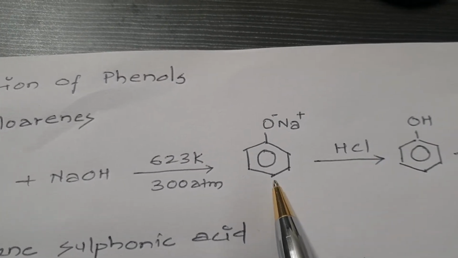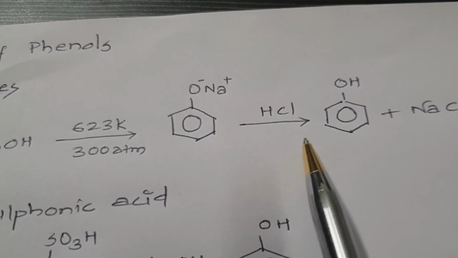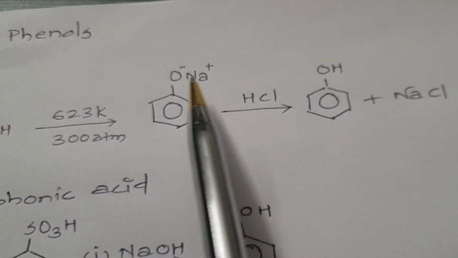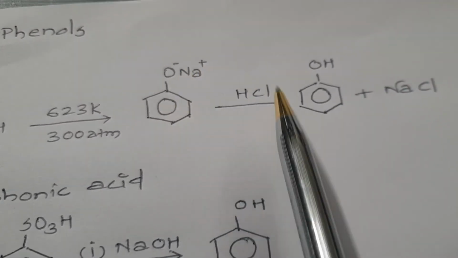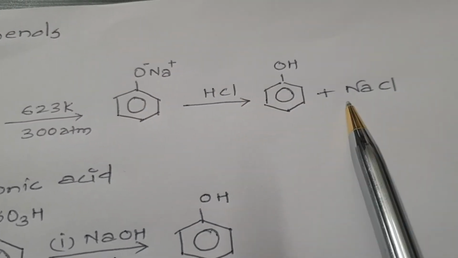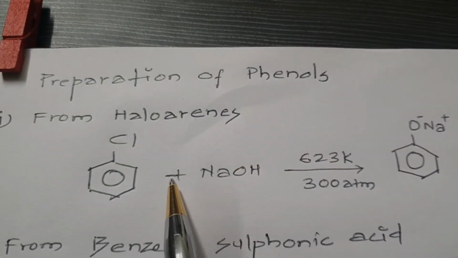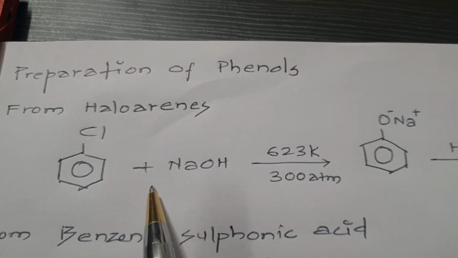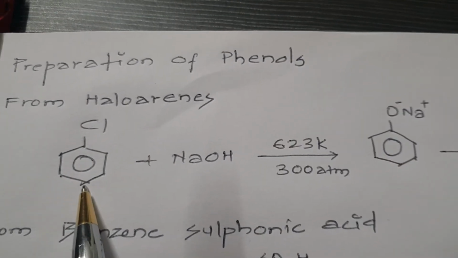This sodium phenoxide on reaction with the acid gives you phenol. That is, here hydrogen comes up and sodium reacts with chlorine to give you sodium chloride. So this is the first reaction, that is obtaining phenol from a haloarene.